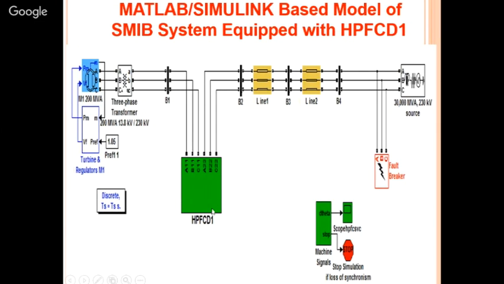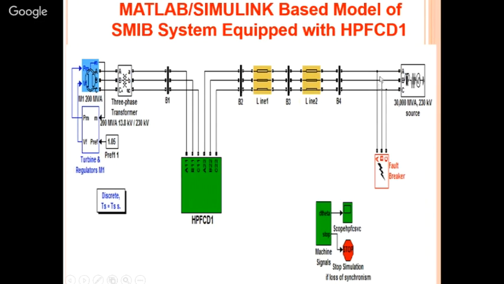Here you have a 200 MVA synchronous generator and a 3-phase transformer stepping it up from 13.8 kV to 230 kV, so your rated voltage is 230 kV, and the infinite bus is represented by this RL source of 30,000 MVA, 230 kilovolt. And we provide a 3-phase fault at the receiving end.